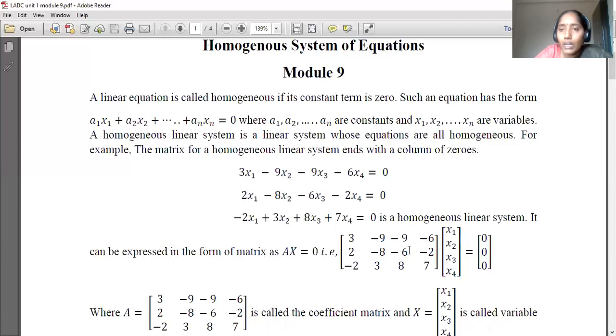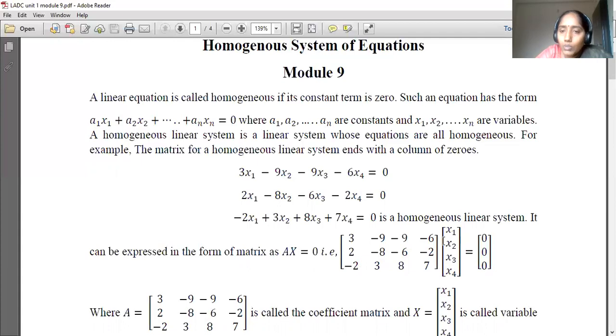Observe the matrix multiplication. This is a matrix of order 3 by 4, and the column matrix has 4 rows and 1 column, so it is 4 by 1. Then you will get the 3 equations.